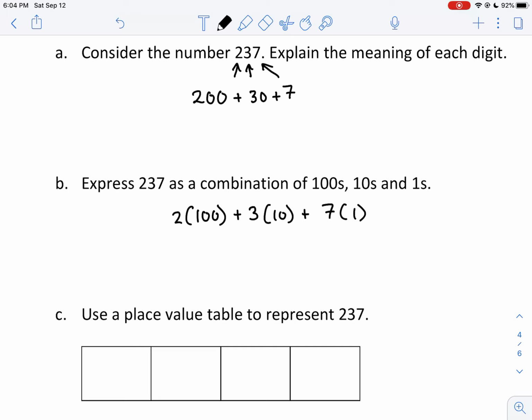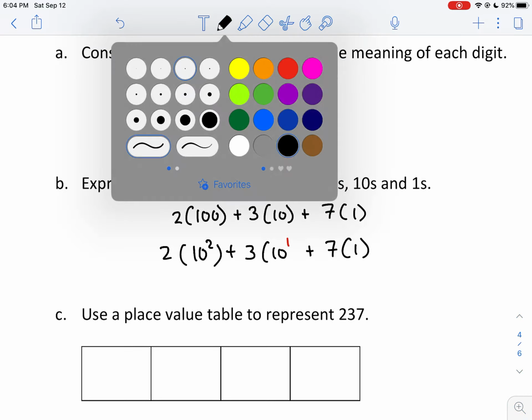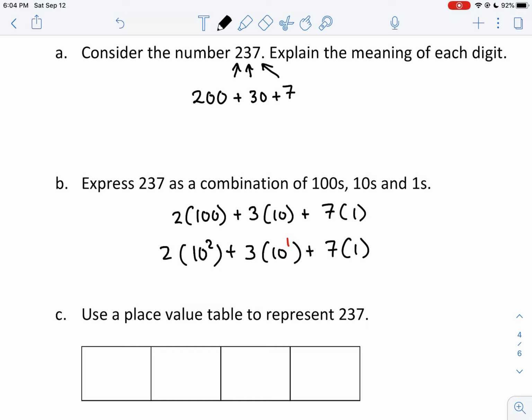For example, we'll start with ones as our base. Then we have 10 times that number 1, and then 10 times 10, in other words 10 squared, is another way to think of the 100. And you have powers of 10. You could think of this 10 here as a 10 to the first, if you want to think of it that way.